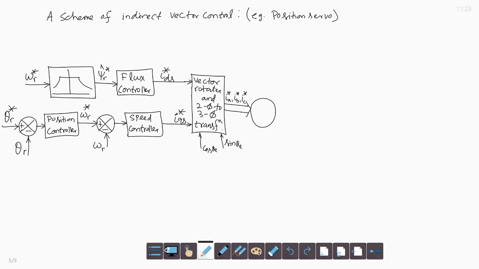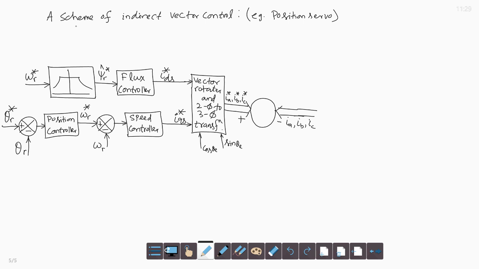Then we have a comparator in which we subtract the actual motor currents Ia, Ib, Ic from the reference currents. Then we go to the power circuit.